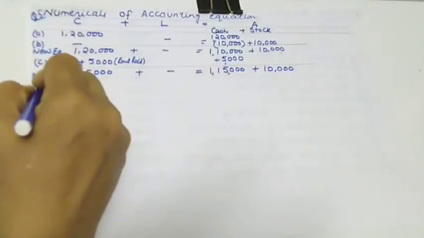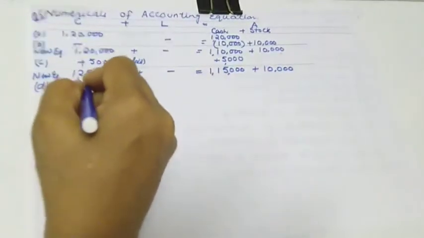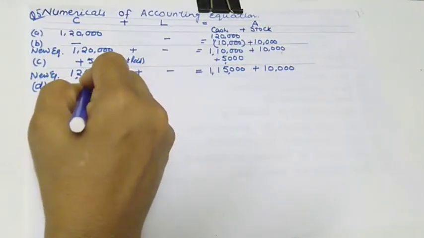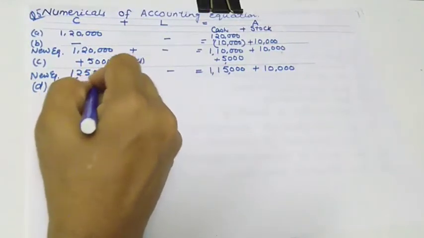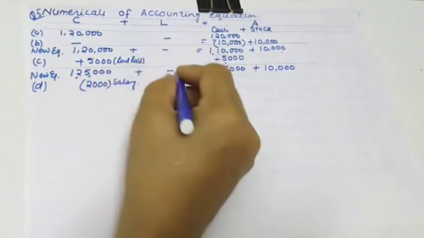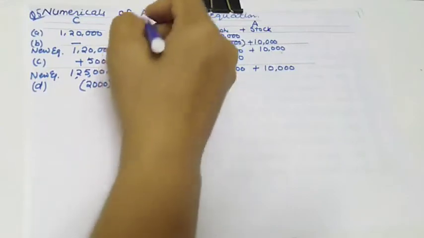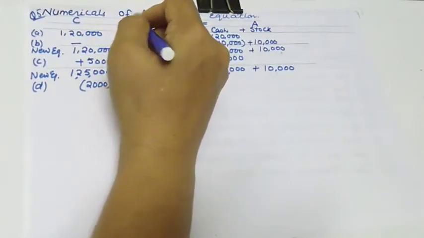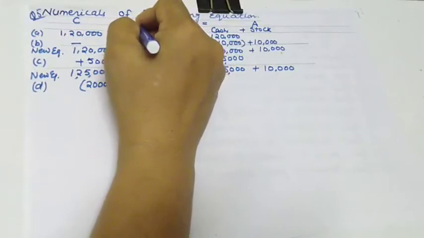So what I told you is the meaning of salary outstanding. It's an expense which is due and not paid. So you know all expenses are to be deducted from the capital, and moreover your liability will increase. What is the name of this liability? Name of this liability is salary outstanding.